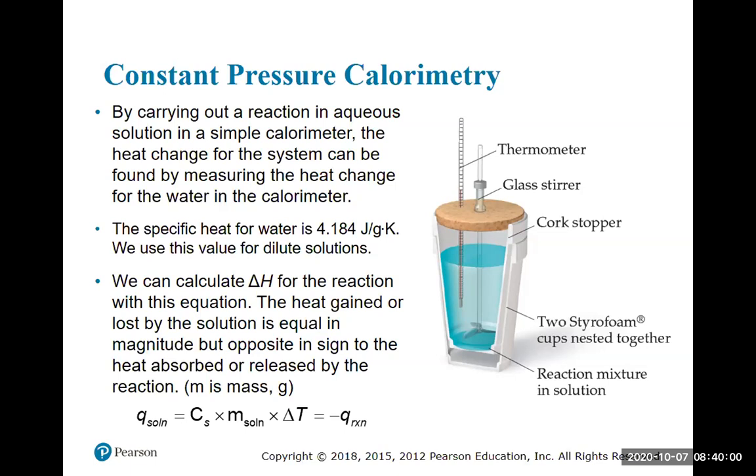Specific heat for water is 4.184 joules per gram Kelvin, and for these dilute solutions, that's typically the value you use as that C_s value in the formula. So this is what I was saying before. A lot of these heat capacity numbers are known. They've been experimentally determined, and you can look those up and plug that in.